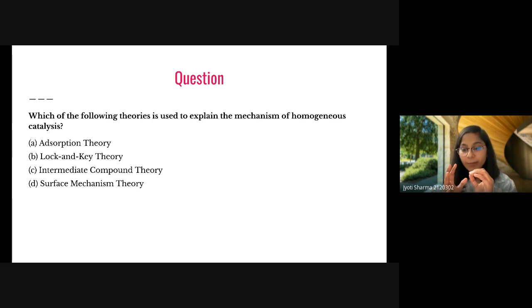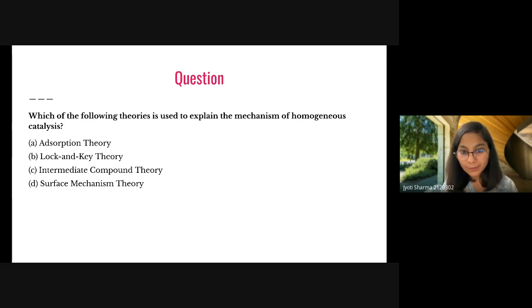Temporarily the reactant will attach to the catalyst, but this will form the product, and the catalyst will be released in the initial form. So this is nothing but the intermediate compound theory. So the right answer will be C. Then surface mechanism, this is again not the right answer, so C is the right answer.